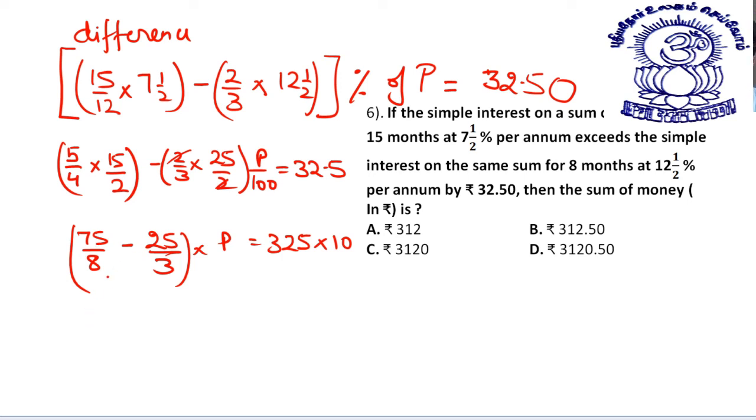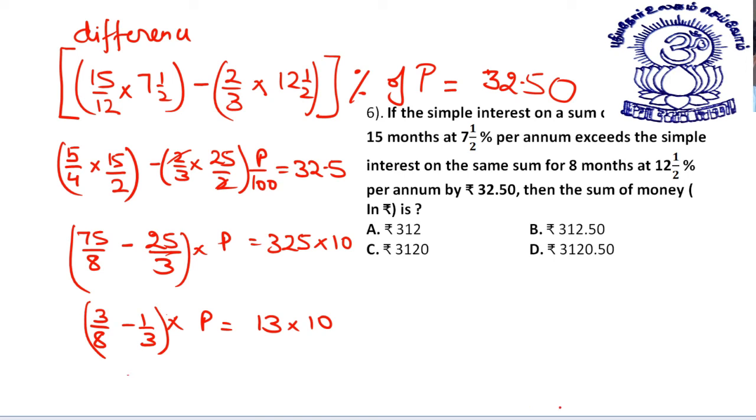If I cancel everything by 25, it becomes 3/8 minus 1/3 into P is equal to 13 into 10. This calculation, I hope you can do yourself.